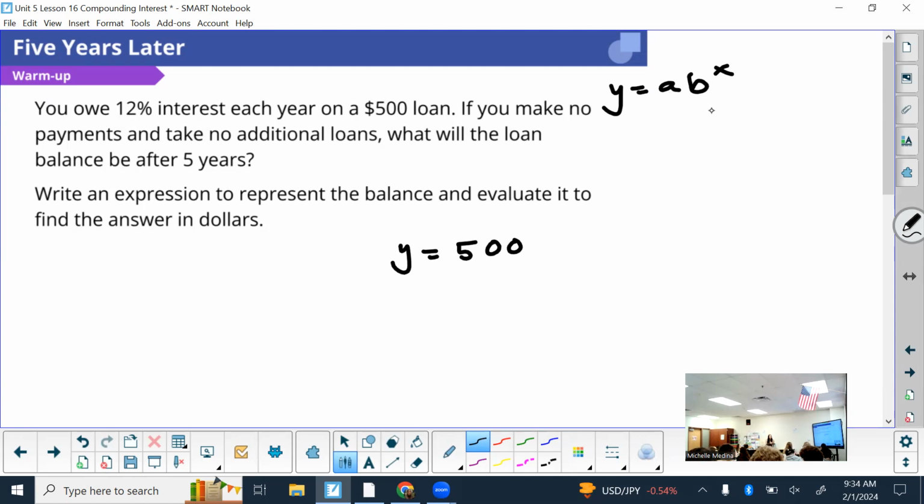B stands for common factor. So that's helpful if it says it's doubling each time, then B would be 2. If it's halving each time, then B would be 1/2. This time it has a percent change. So you might be able to tell me what you multiply by each time, but what do you think?